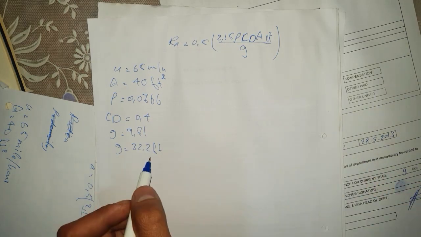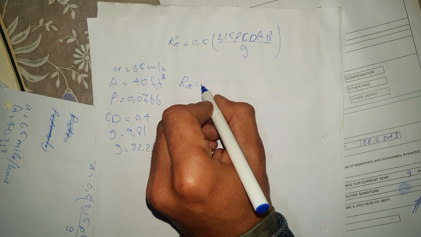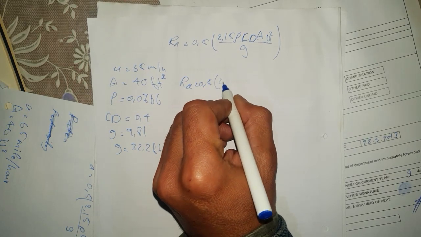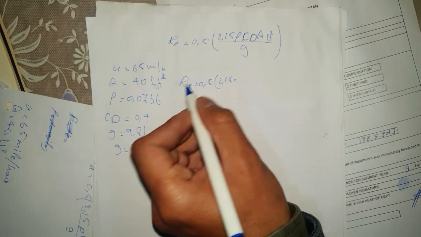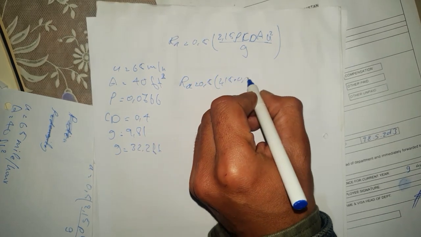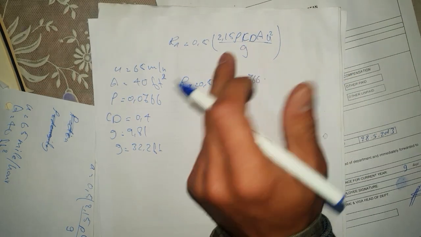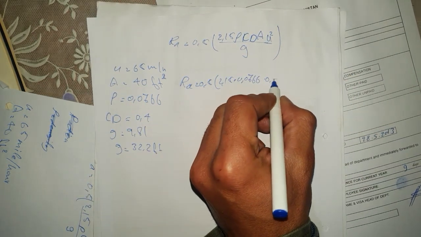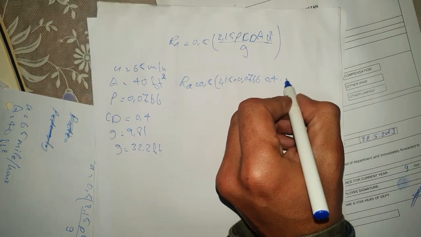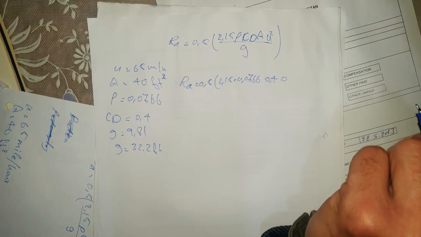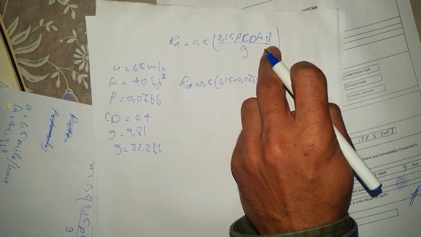So we have all the things, and now we'll put them into the formula. RA is equal to 0.5 times 2.15 times rho, which is 0.0766, times CD, which is 0.4, times A, the cross-sectional area, which is 40, times U squared.